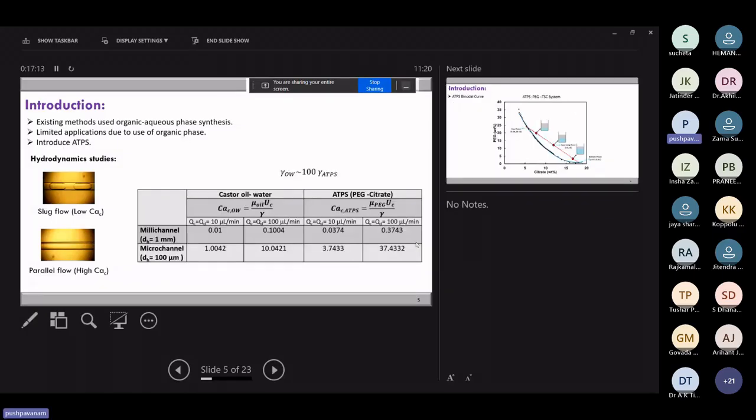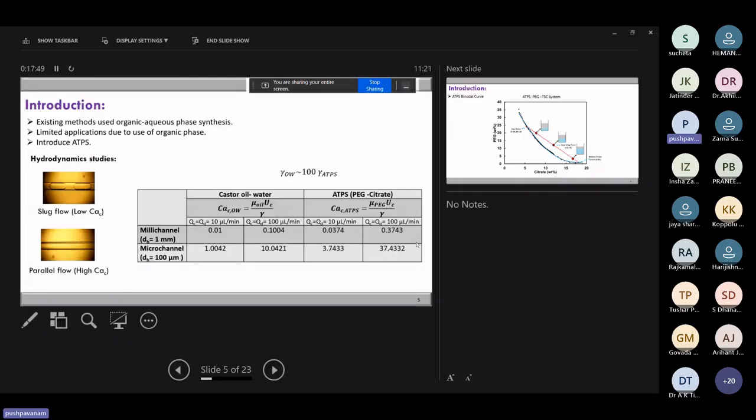This is just to give you an idea about the properties I was talking about. We have a castor oil-water system, that is the organic-aqueous system, and then an ATPS system. There can be different combinations of ATPS. Usually it could be a polymer, or a polymer and salt. Here we give an example of PEG, which is the polymer polyethylene glycol, and citrate, which is the salt.